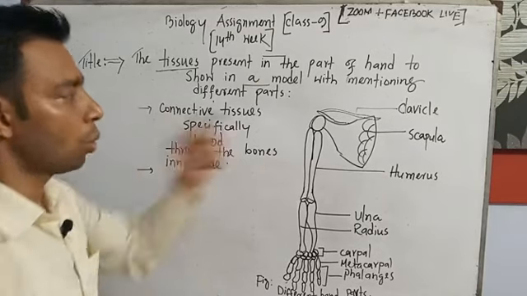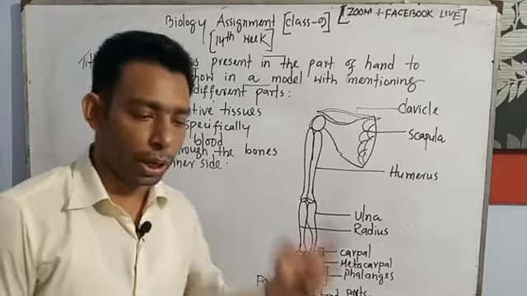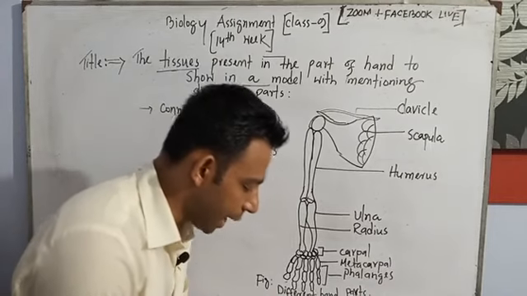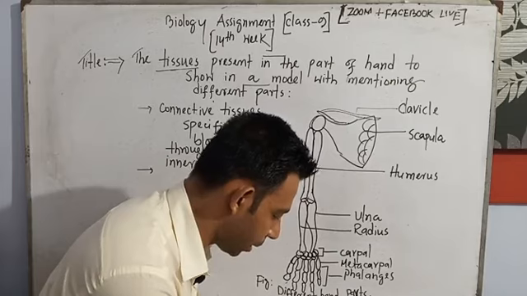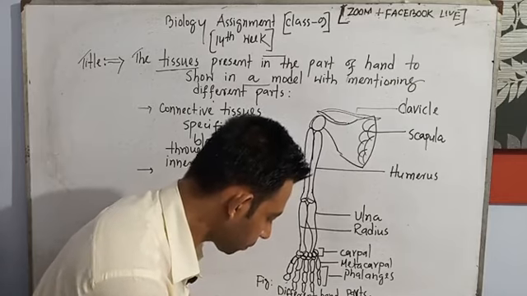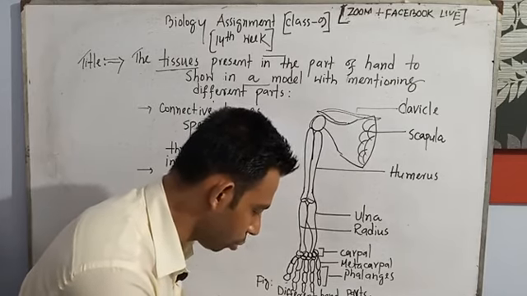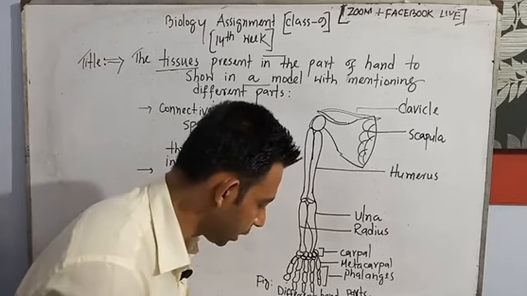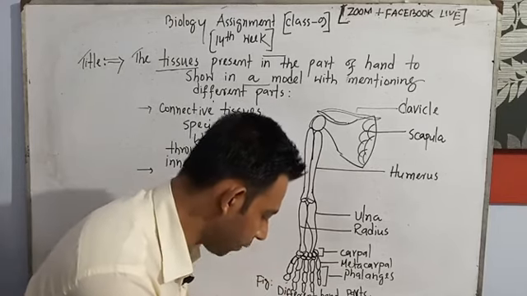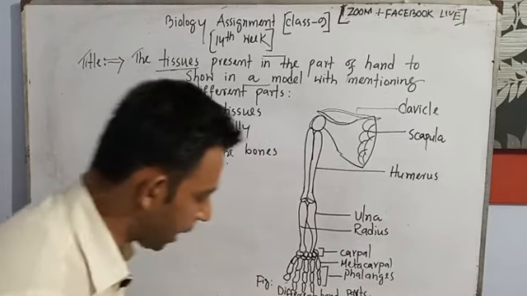Then we can say the outer part. We already know the different connective tissue. I just give you the idea to watch the page numbers 32 to 37, and also get some idea there.